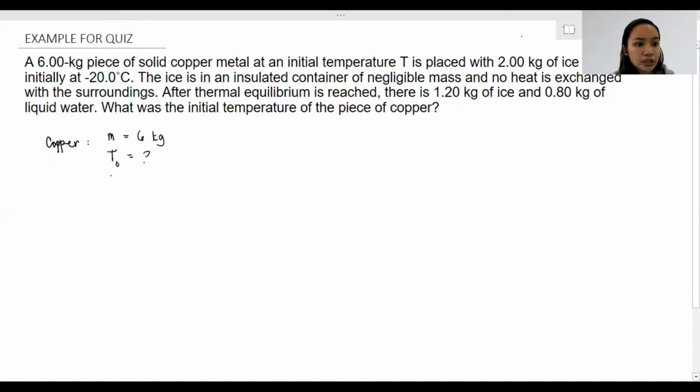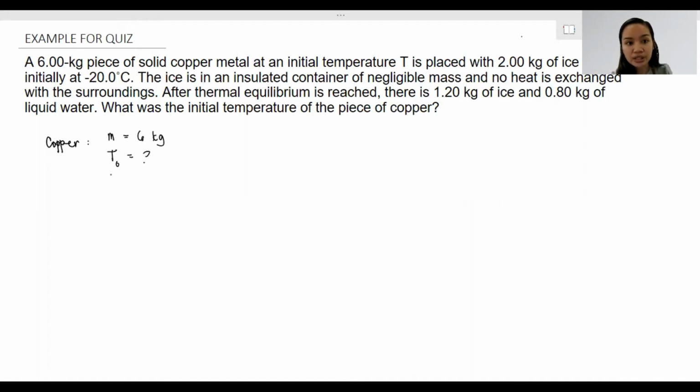Now, we will assume that our final temperature is 0 degrees Celsius, since that is the melting point, where our ice has the possibility to melt into liquid water.